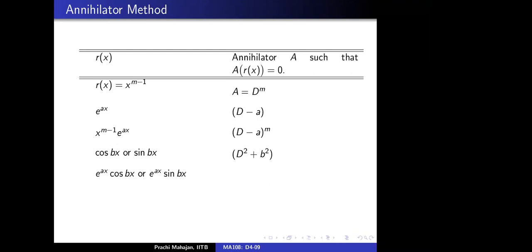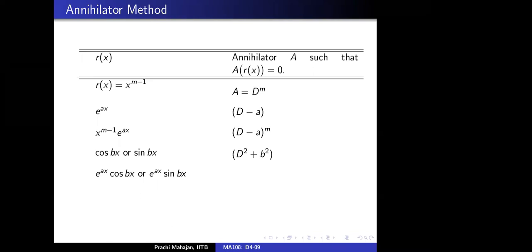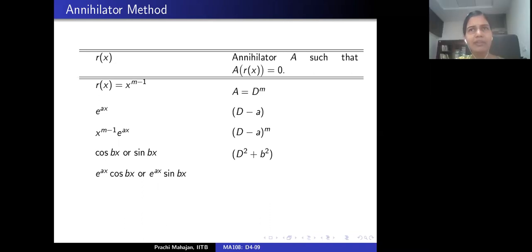And if you had e^(ax) cos bx, or likewise e^(ax) sin bx, then what should be the choice for the constant coefficient linear differential operator A which annihilates R? D minus a, the whole squared, plus b square. If you put D minus a, that will give you a real solution, right?